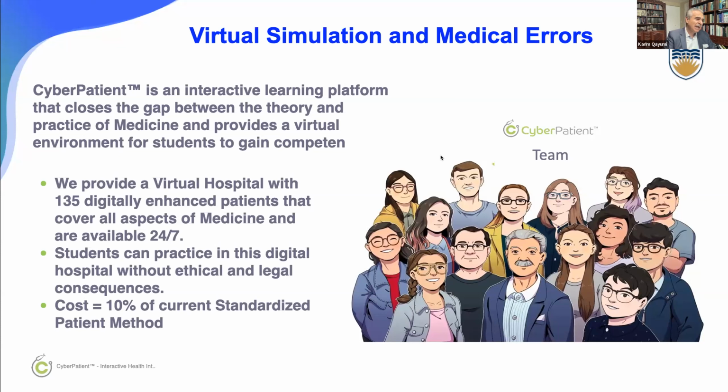Also, this is very inexpensive in comparison to a standardized patient, about 10% of the cost.